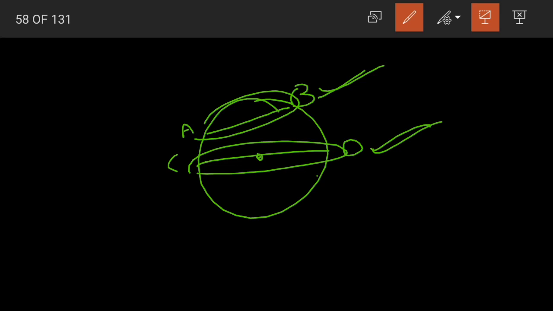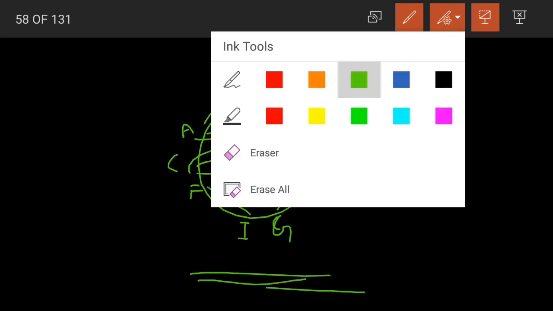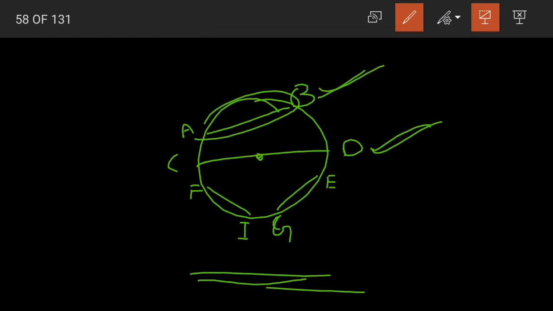So whatever chord you may take, like for example EG, or FI, or any other chord, among all the chords of a circle, the length of the diameter will be the highest. Is this clear, children?